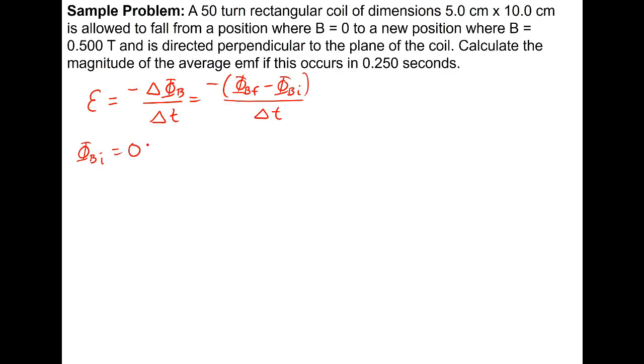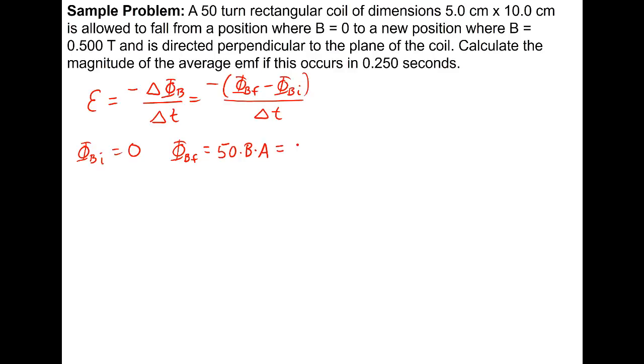And we recognize that flux initial is 0 and flux final is going to be 50 turns times magnetic field times the area. So in other words, each turn or coil of that wire is going to add some more magnetic flux.